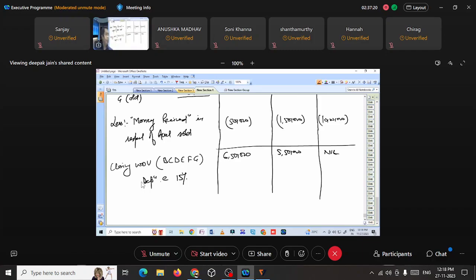Are you with me? The rate of depreciation, beta, is 15% as given in the question. But if an asset is put to use for less than 180 days, then the rate of depreciation shall be reduced to half. In the absence of any information regarding date of purchase and date of put to use, it is assumed that all assets are put to use for more than 180 days.